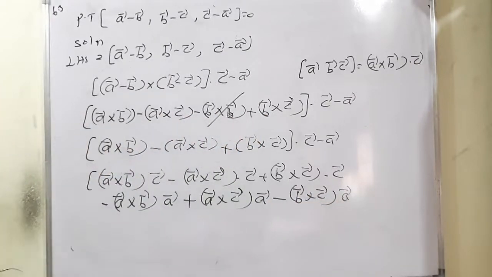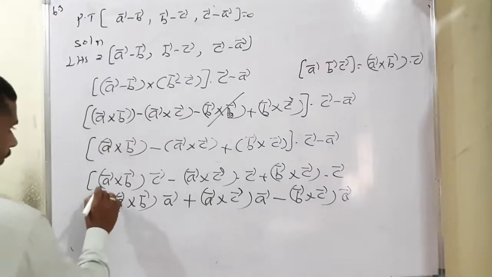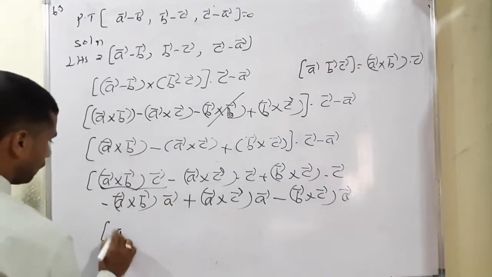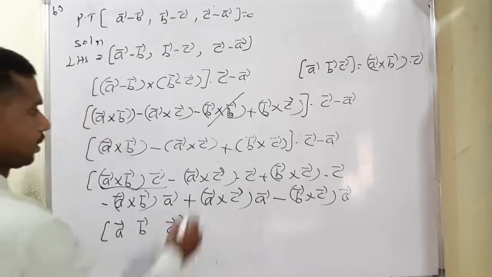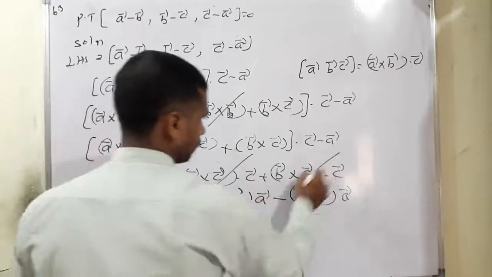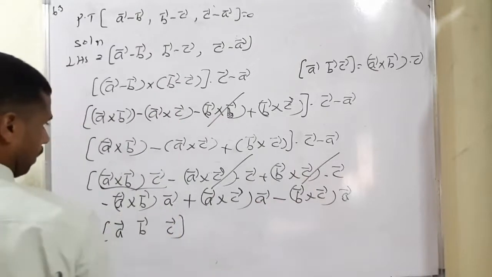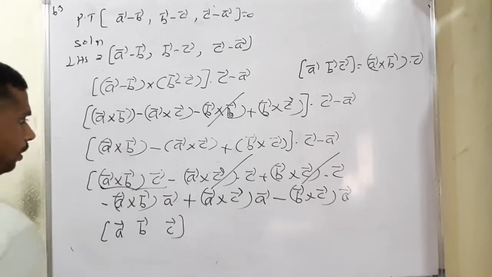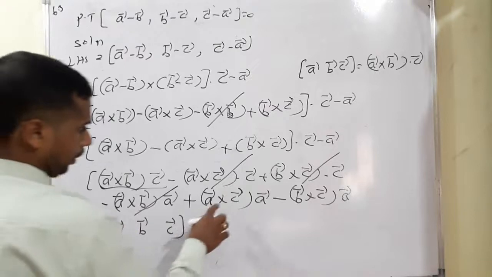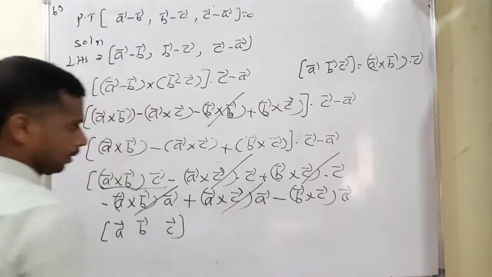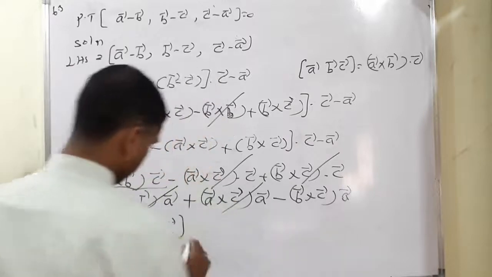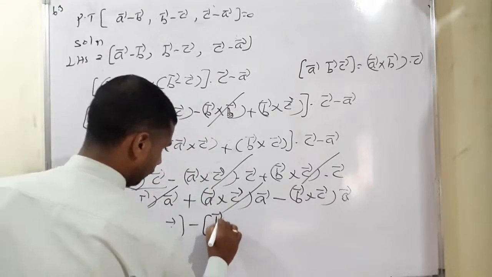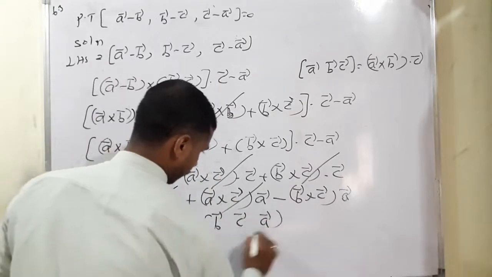Now look, what cancels? The first term is the box product a vector, b vector, c vector. This is common, so we can cancel it. Here also common, cancel it. A vector, cancel it. Here also a vector, cancel it. Then only one term is there: minus of box product b vector, c vector, a vector.